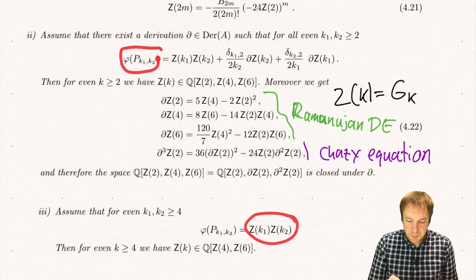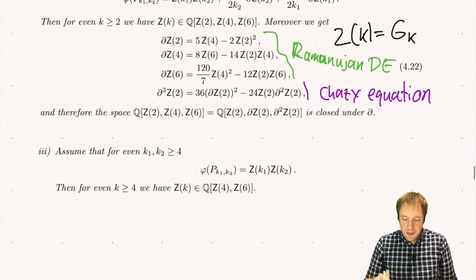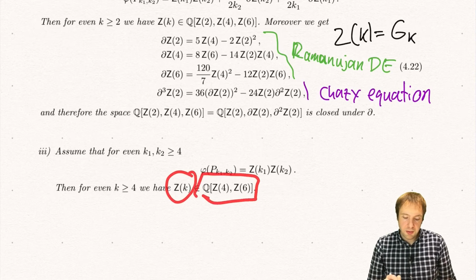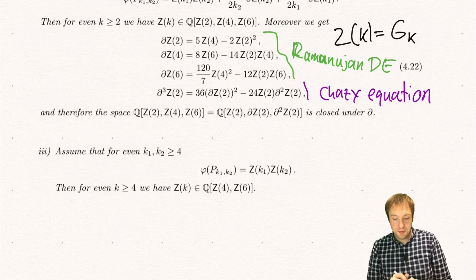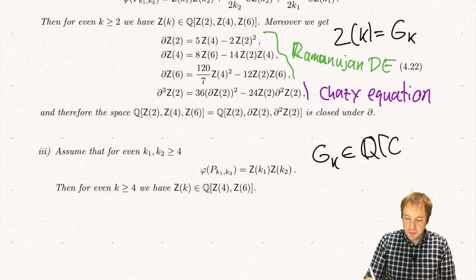Because in this case we saw that we just have these correction terms when k1 and k2 are 2, then we can show that all these z_k are actually polynomials in z_4 and z_6. And again, of course, this is the statement that we already saw, that g_k is also a polynomial in g_4 and g_6 for k greater or equal to 4 even.